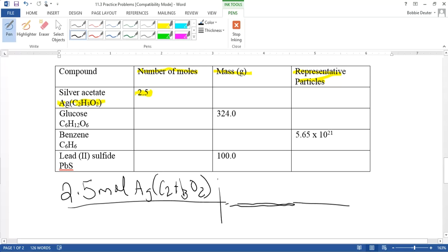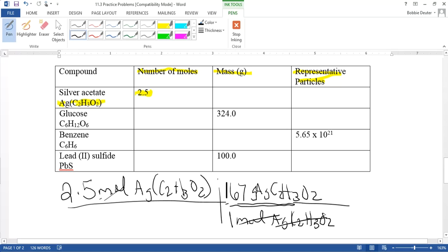If you take silver plus 2 carbon plus 3 hydrogen plus 2 oxygen, you're going to get 167 grams of AgC2H3O2. And because we have moles here, we haven't canceled that out, so you have to put 1 mole of our silver acetate on the bottom.